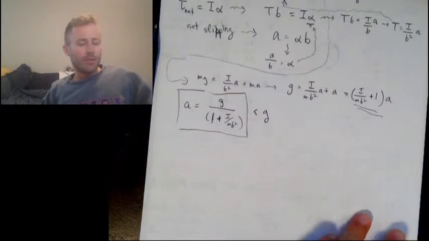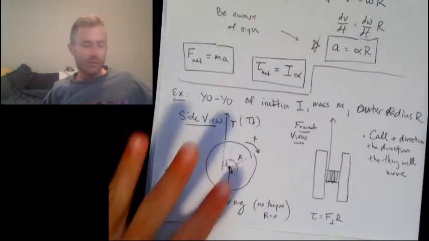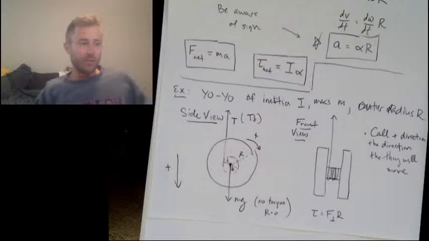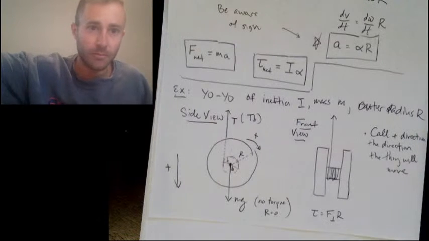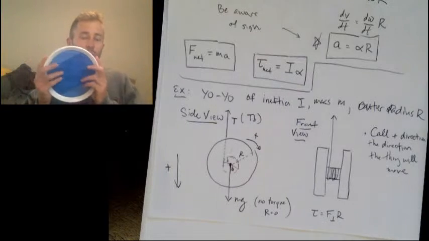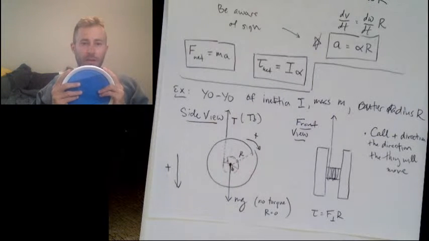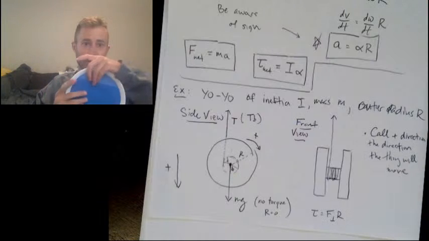One other thing I wanted to say: if you're a little confused about the gravitational force exerting no torque, imagine simply dropping the yo-yo without the string. If you just didn't hold on to the string and dropped it, is the yo-yo going to spontaneously start spinning?